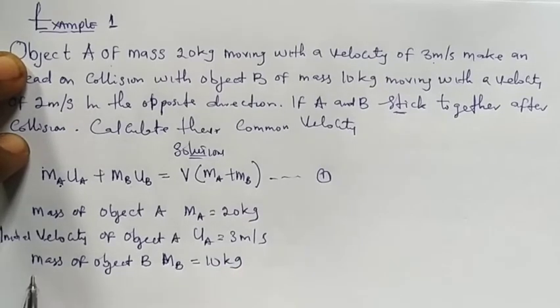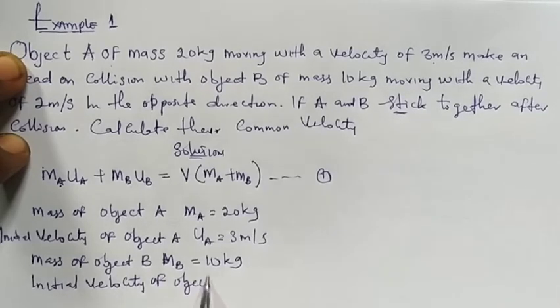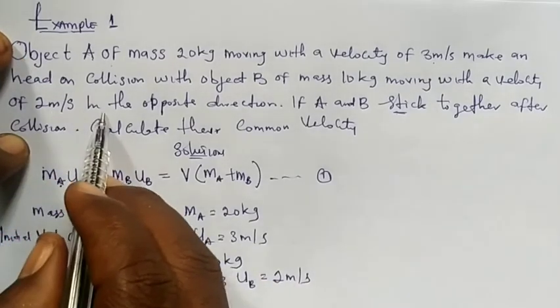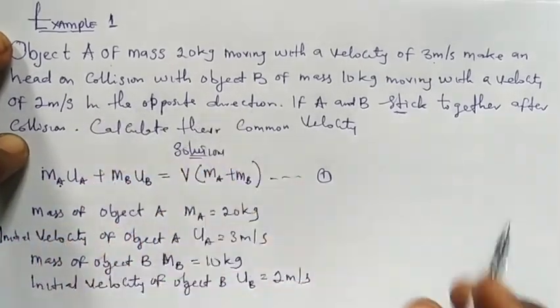Then the initial velocity of object B, that is UB, is equal to 2 meters per second, and it is moving in the opposite direction.